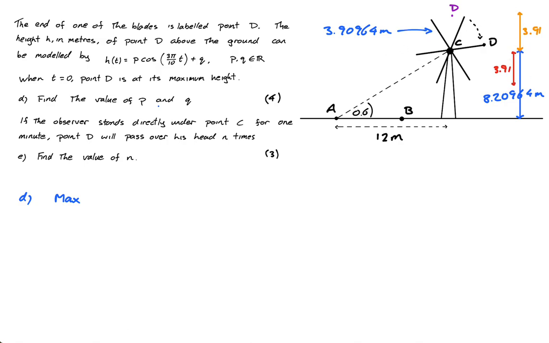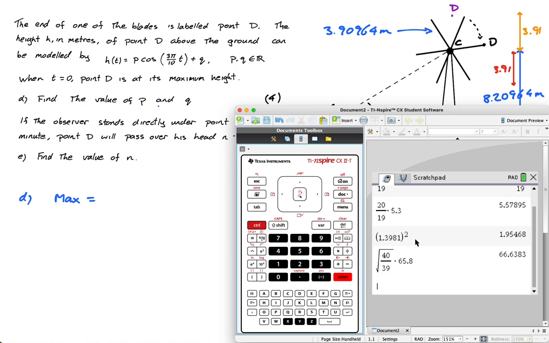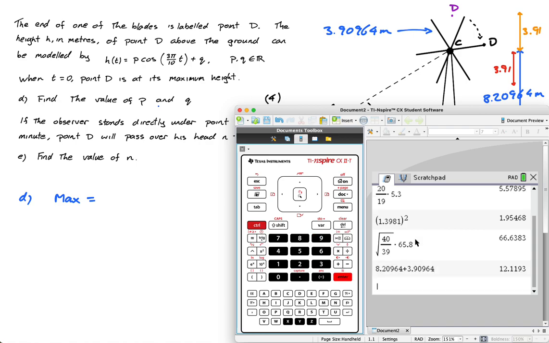So its max is just, well, let's get out our calculator. Its max is 8.20964. And notice, guys, I'm not rounding here while I do this. Plus 3.90964. It won't make a huge difference, I'm sure, but its max is 12.1193.